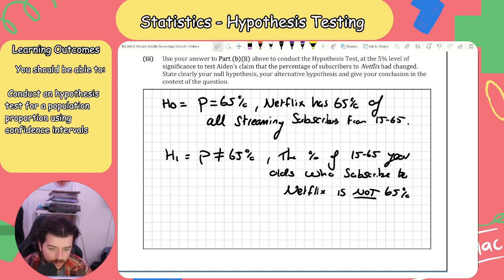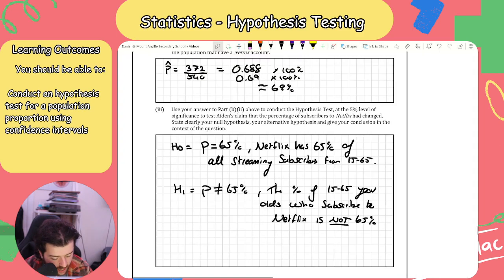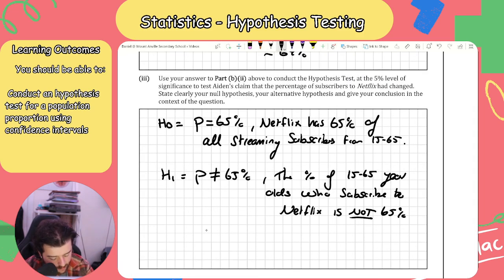So let's see what happens now. My confidence interval, I haven't made it yet. So let me calculate my confidence interval now.